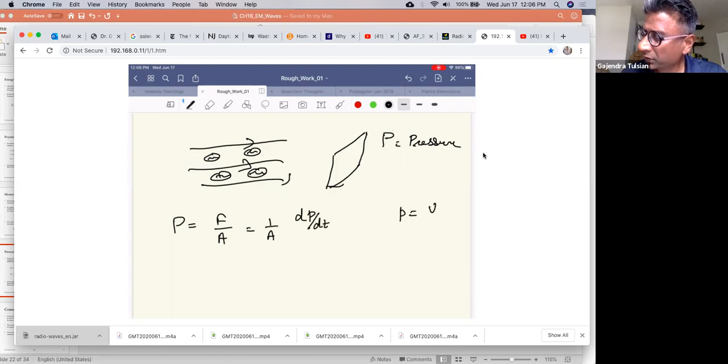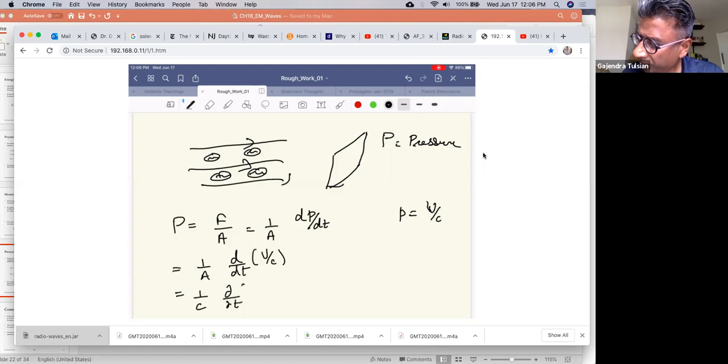Momentum is energy absorbed divided by C. So pressure is 1/A d/dt of U/C, which is 1/C times (1/A dU/dt).